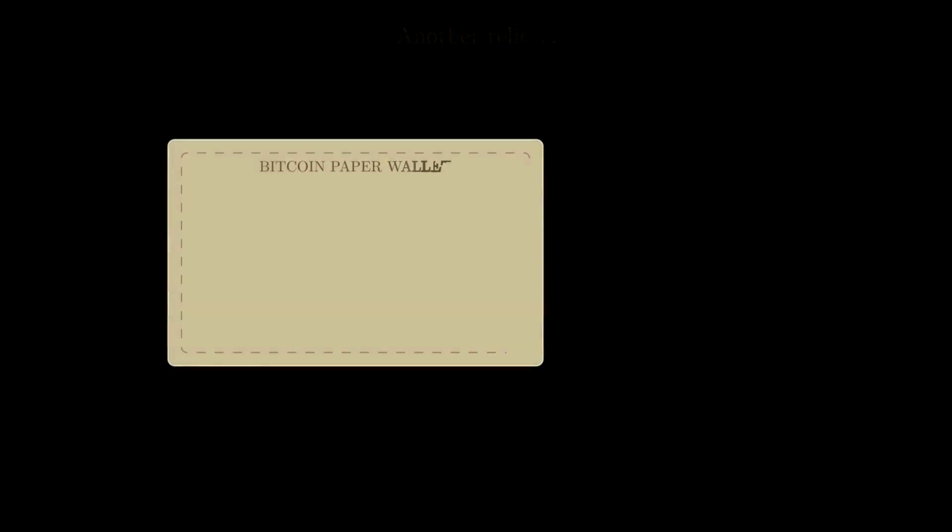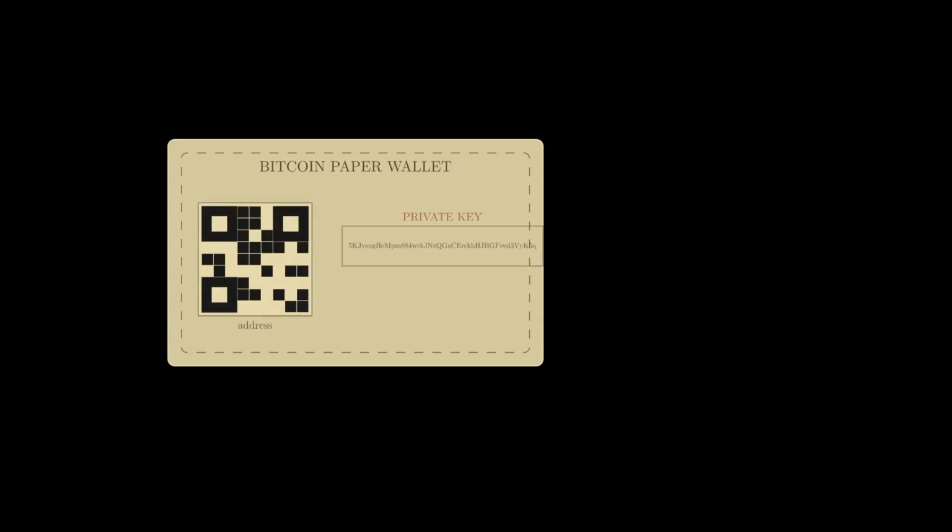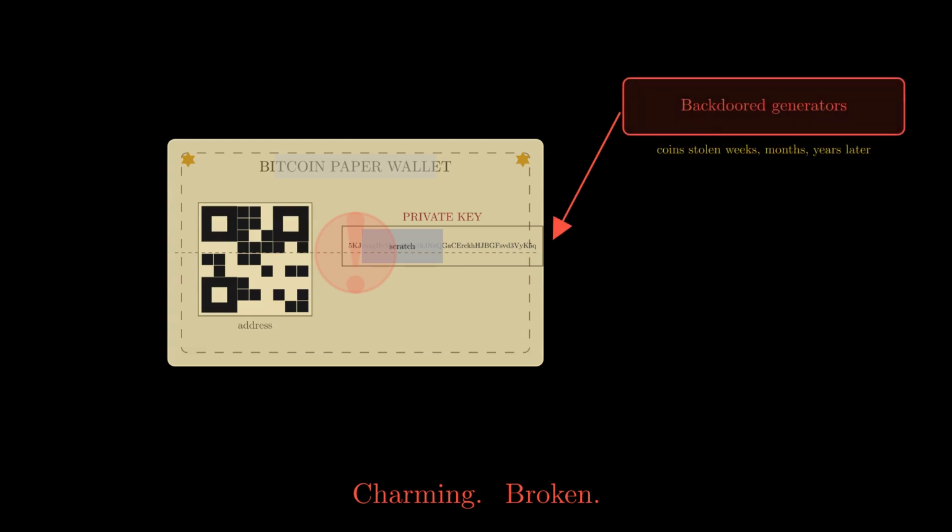Vanity addresses are not the only relic of Bitcoin's early years. Meet the paper wallet, a private key and its address printed on paper. There were holiday editions, scratch-off stickers, tamper-evident foils, detachable stubs for fire or flood. Charming. And dangerously broken. Online generators have been backdoored for years.